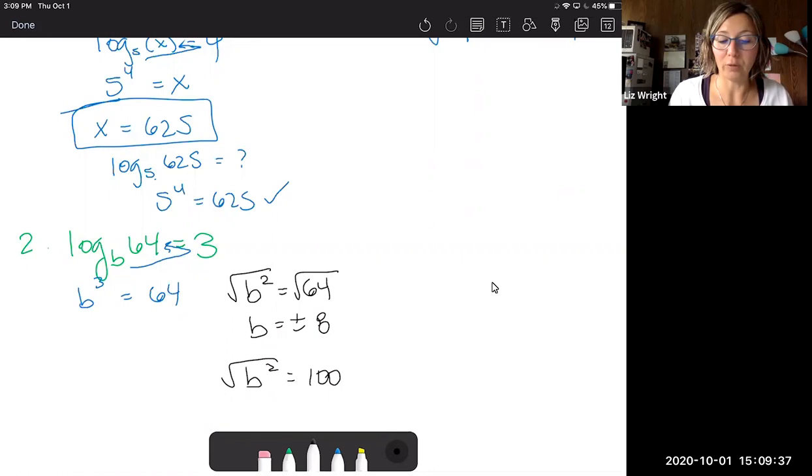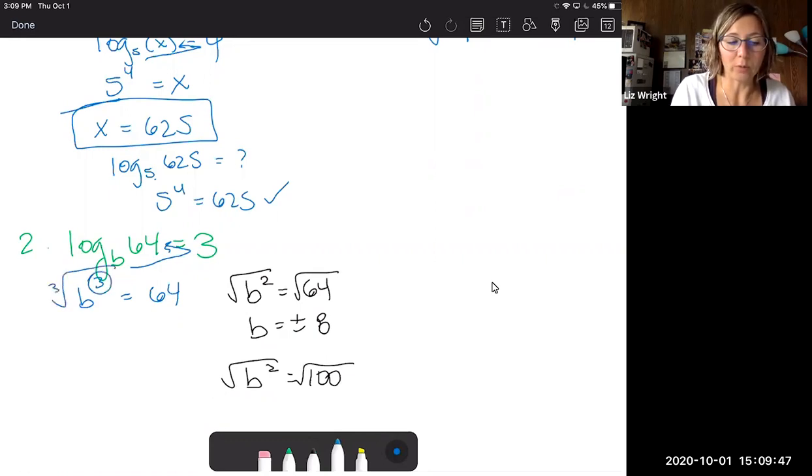That exponent of 2, you take the square root. So here, we're not going to take the square root, because that's not our exponent. We're going to take the cube root. It has to match. So we take the cube root, and we get b equals 4 for that one.